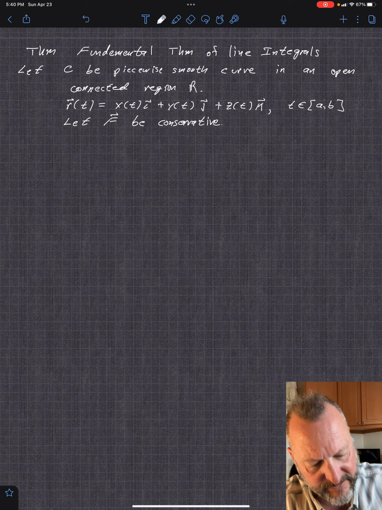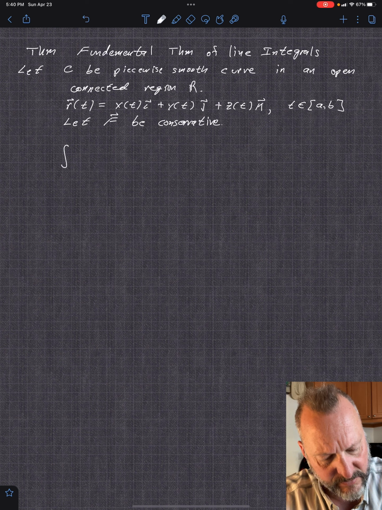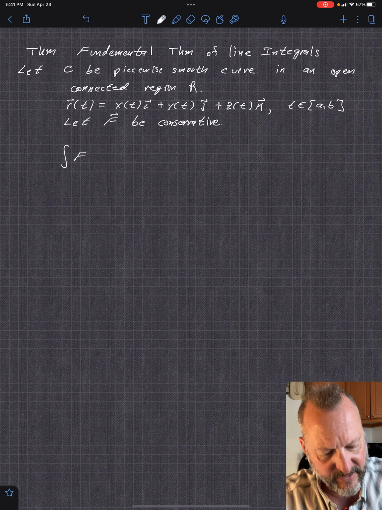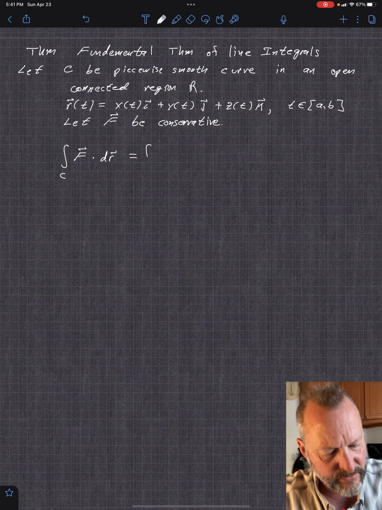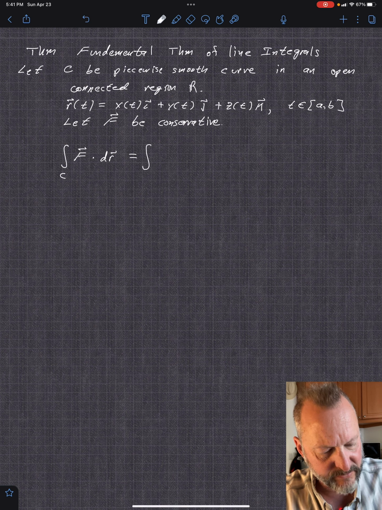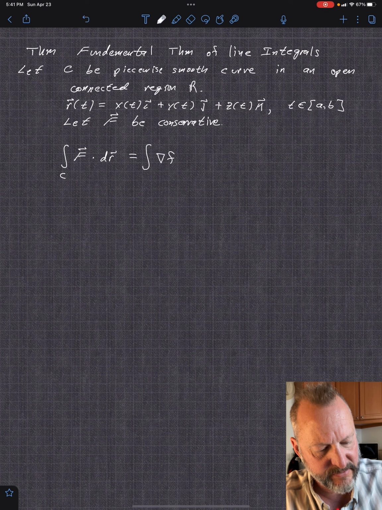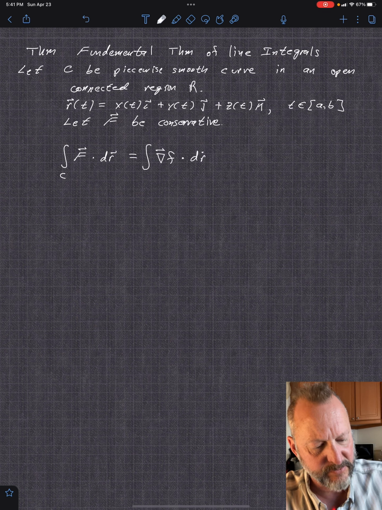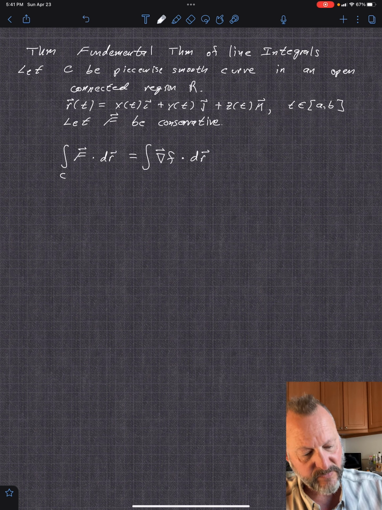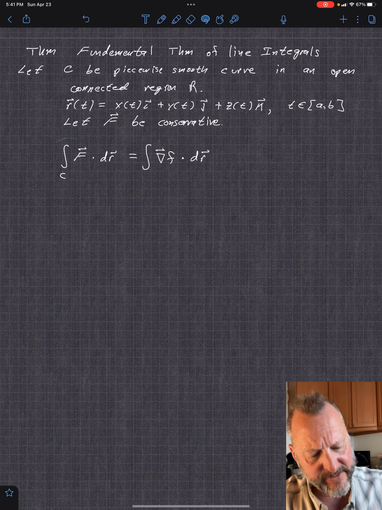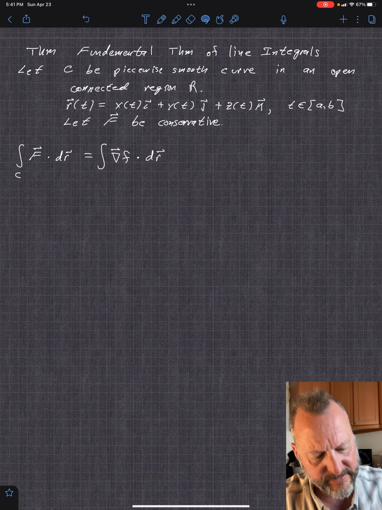So we have the integral of F dot dr over C is equal to the integral of the gradient of f dot dr, because remember, if it's conservative, then that little f exists. And so if you do that, you basically just evaluate at the endpoints.